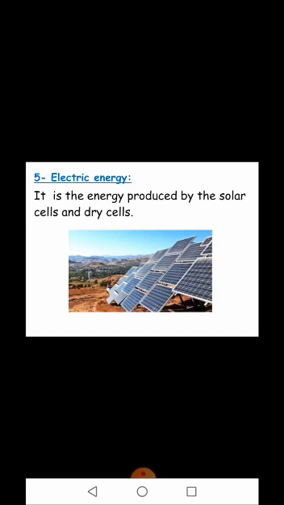Number 5, electric energy. It's the energy produced by the solar cells, like this. This is called solar cells. It produces electric energy. And dry cells. Dry cells means battery, because it gives us electric energy.